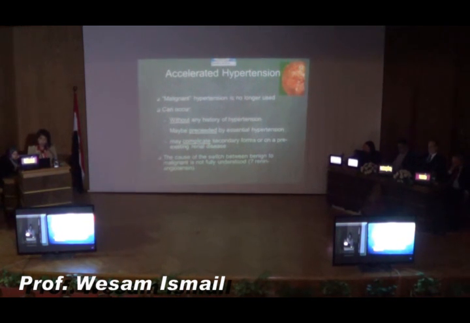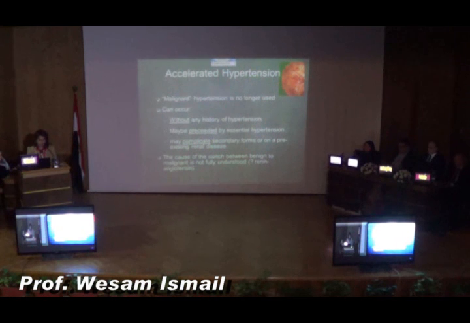Accelerated phase hypertension, or what we know as malignant hypertension, can occur without any history of hypertension, and you all know better than me that hypertension is asymptomatic. It may be preceded by essential hypertension, and this is an important point. Don't forget that your regular hypertensive benign nephrosclerotic patient can develop an accelerated phase at any stage, and that it may complicate secondary forms of hypertension or a pre-existing renal disease.